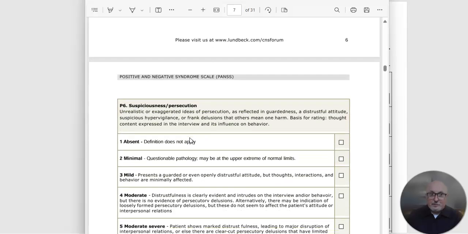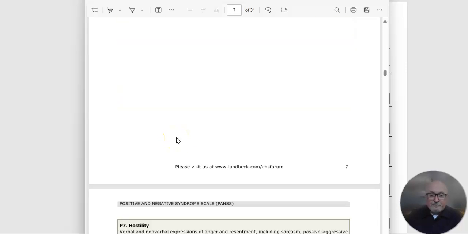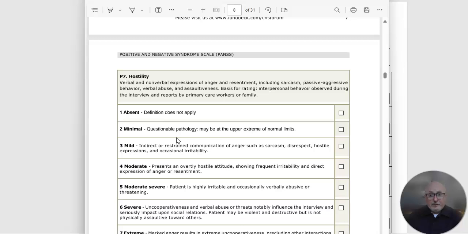Again, we discussed this already: suspiciousness, persecution. What level of persecutory thoughts do they have? Do they feel or believe that they're being persecuted by others? Hostility. So this is, again, a thought disorder we're talking about. It is an illness that affects the full range of your cognitive processes, how you process information.